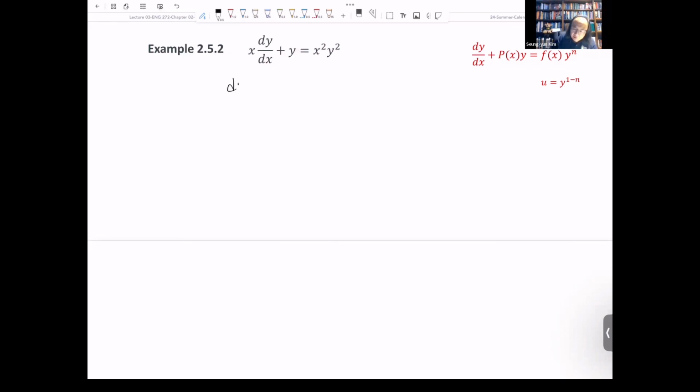Then dy over dx plus 1 over x y equals x y squared. That's standard. When you say standard, the coefficient of dy over dx has to be 1. It's not linear. Therefore, we're going to let u equals y to the 1 minus n. This is n, so u equals y to the 1 minus 2.